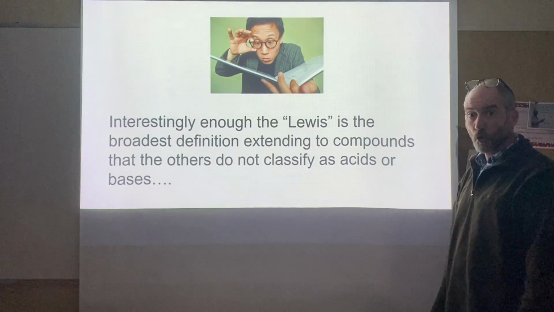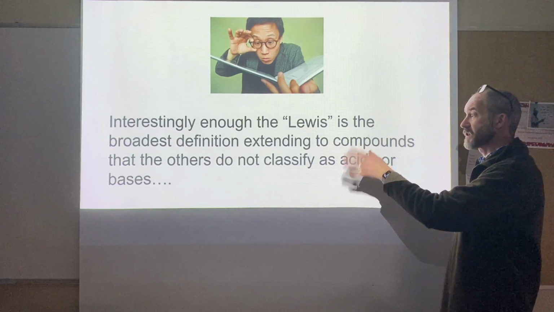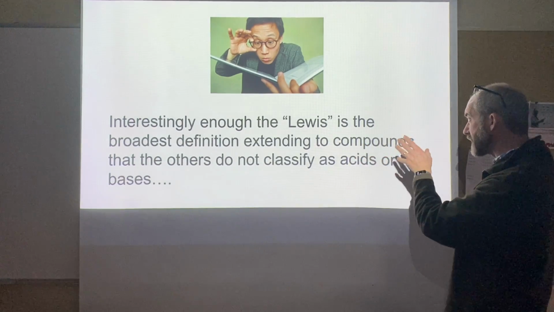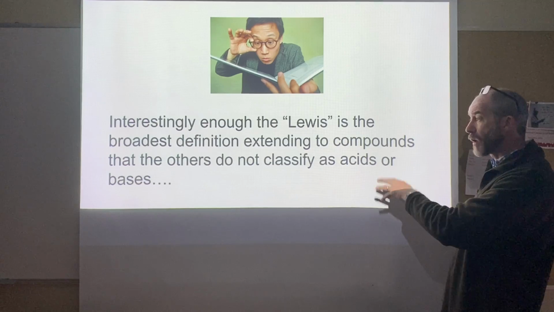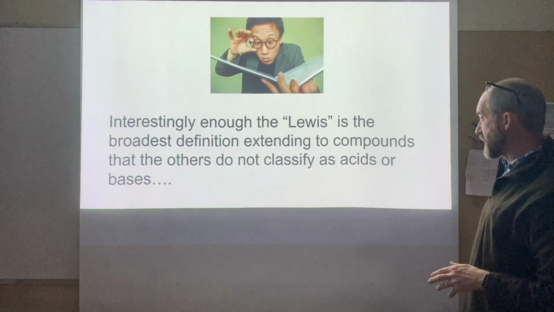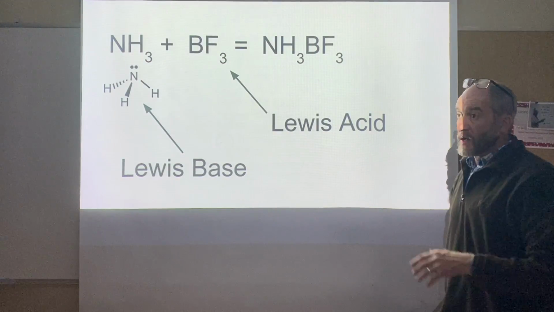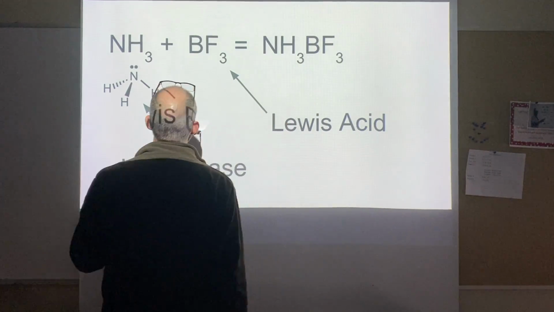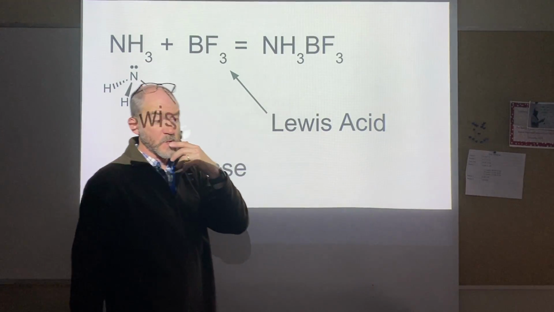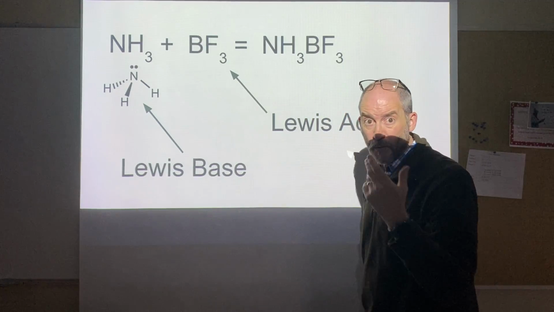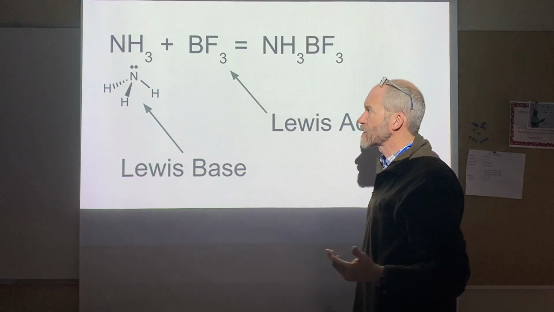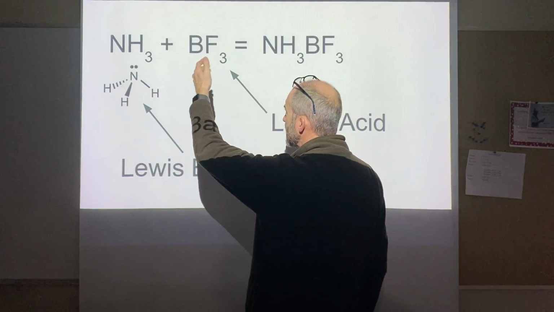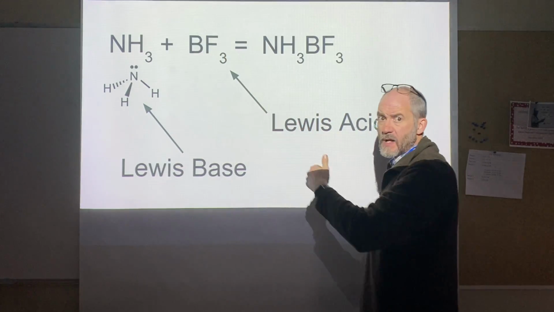Interestingly enough, the Lewis is the broadest definition, extending to compounds that the others do not classify as acids or bases. So here's our last example. Now come on, think about if this was Arrhenius. We wouldn't even begin to be talking about this from an Arrhenius perspective, because we're not getting any H's or OH minuses here.